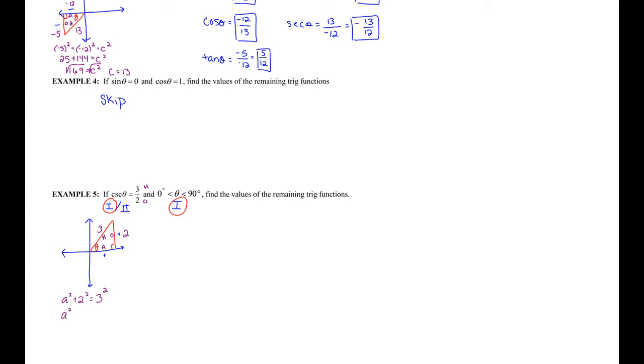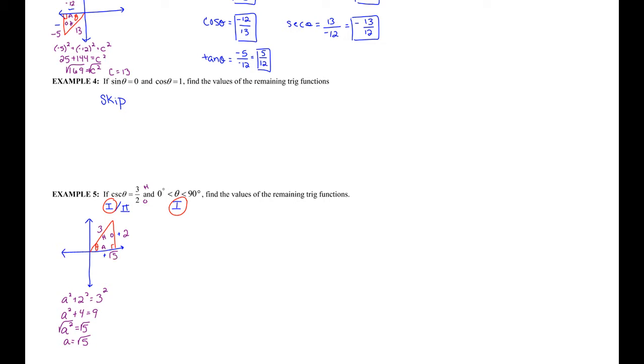Solving for a squared gets me a squared equals 5. And taking the square root gives me a is equal to the square root of 5. Because the square root of 5 does not contain any perfect squares, I cannot simplify it, and that is the length of my missing adjacent side.